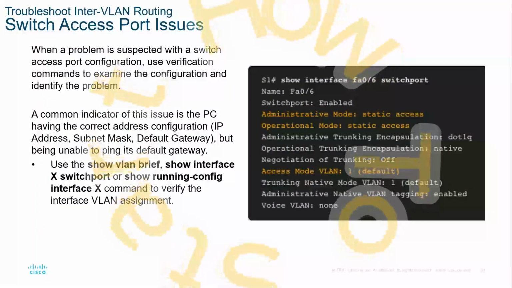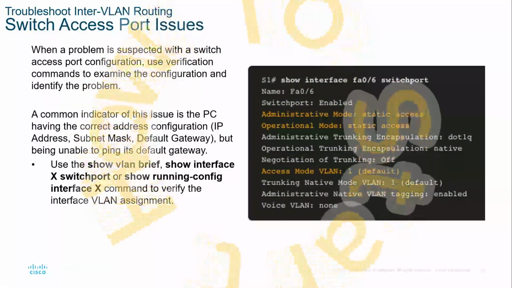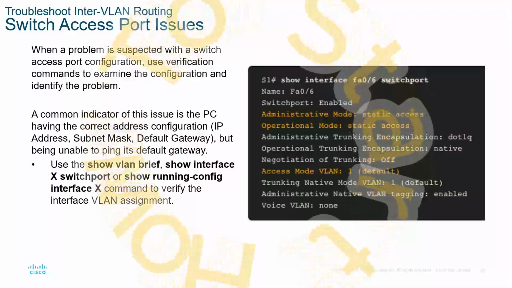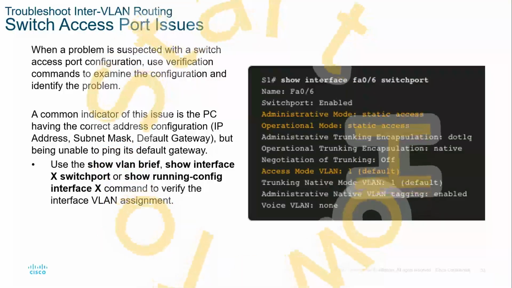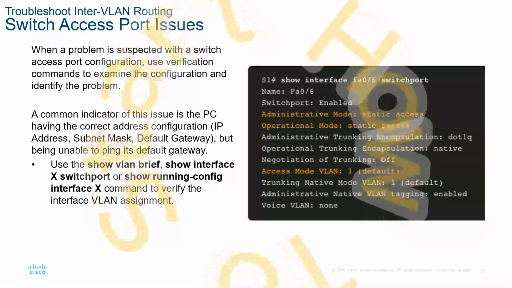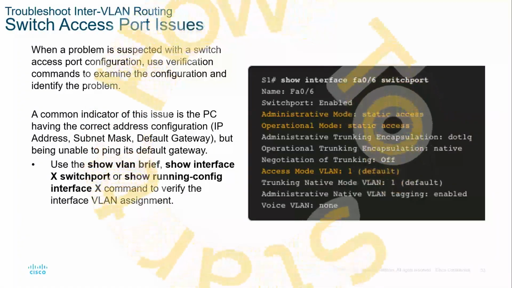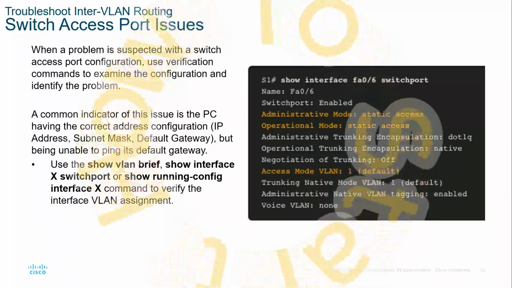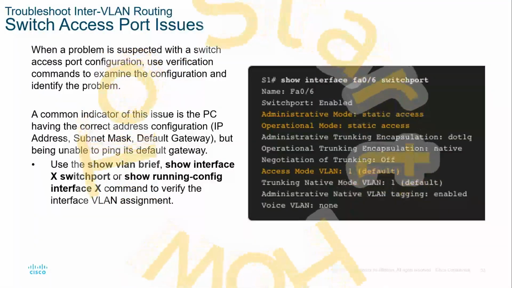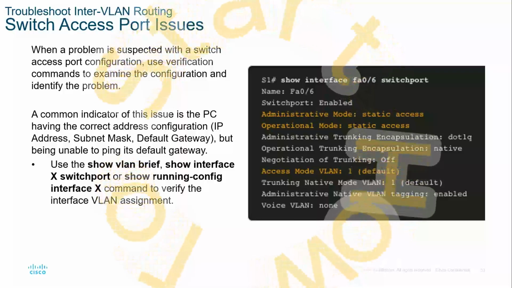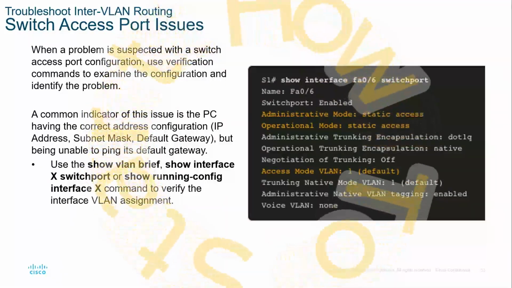We could be looking at switch port access port issues, and again that could be doing show interface, the appropriate interface switchport, and from there we could be looking at the access modes, the operational modes, things of that nature. Essentially here we could be doing show VLAN brief, show interface, show running config. All of those things will let us look at the interface to ensure they're attached to the correct VLAN.